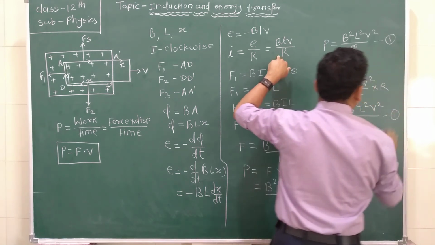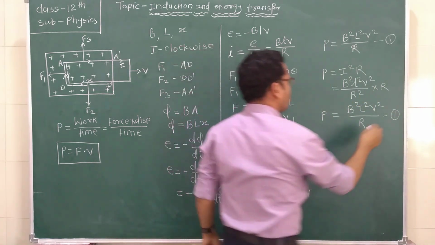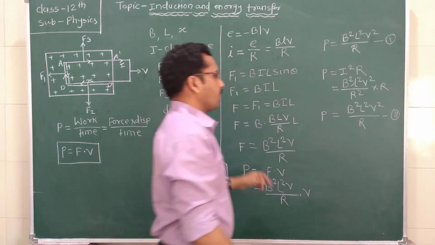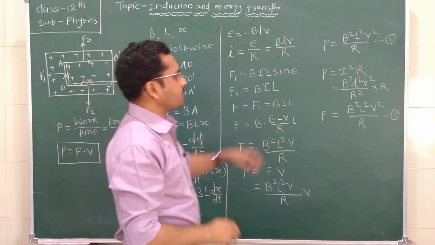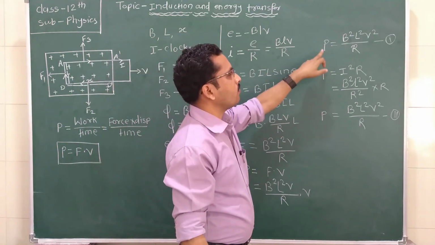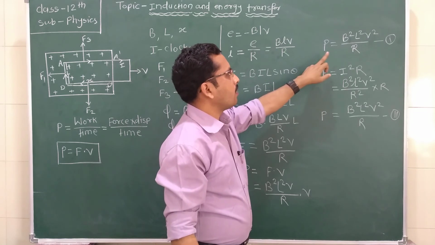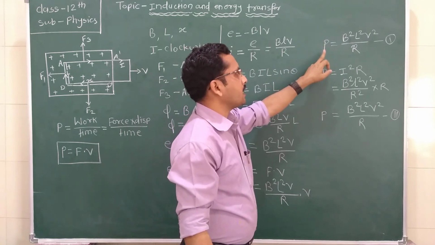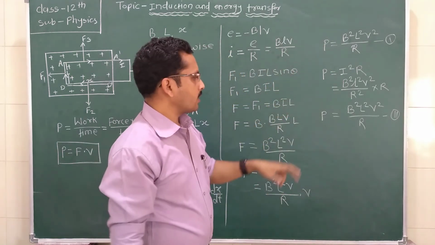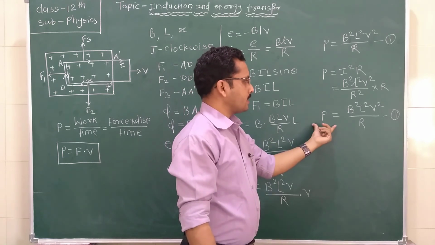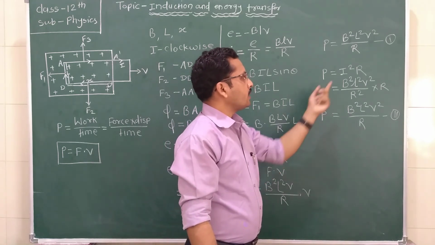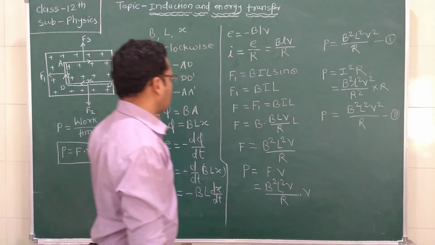The first equation represents the work done, or the power generated due to the mechanical work, and the second is the power generated due to the resistance in the circuit.